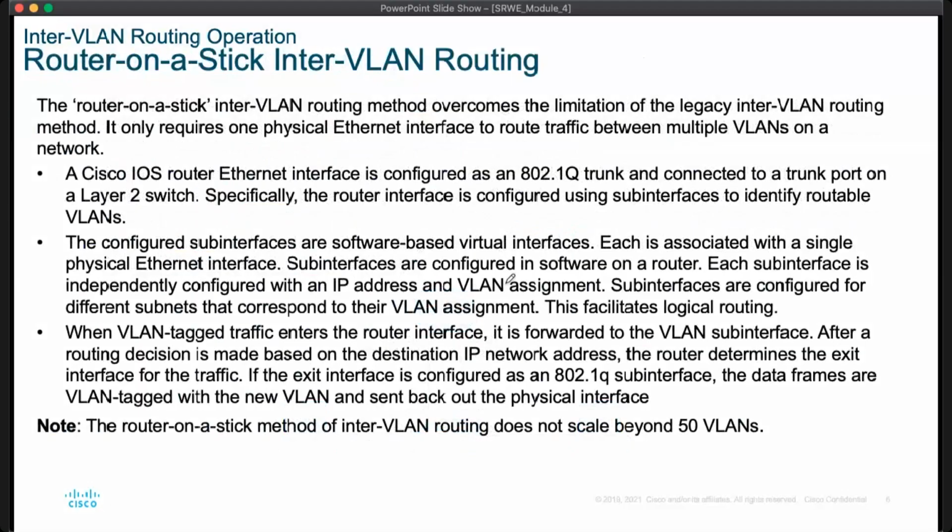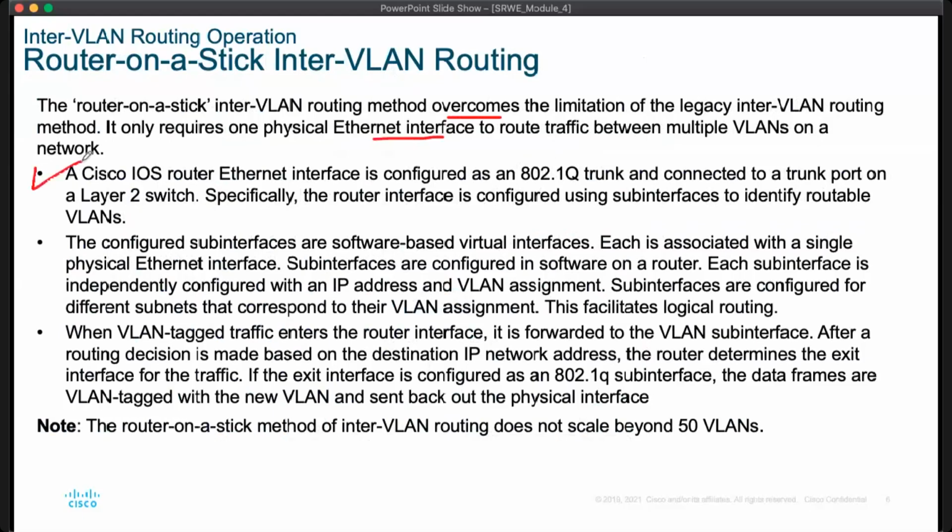So router on a stick inter-VLAN routing. The router on a stick inter-VLAN routing method overcomes the limitation of the legacy method. It only requires one physical Ethernet interface to route traffic between multiple VLANs on a network.